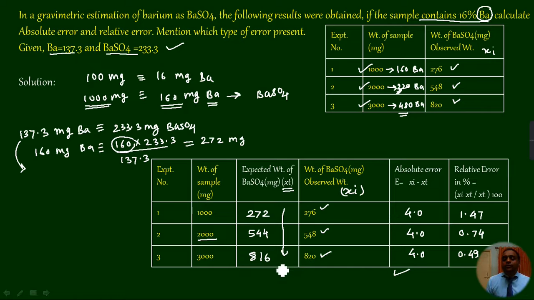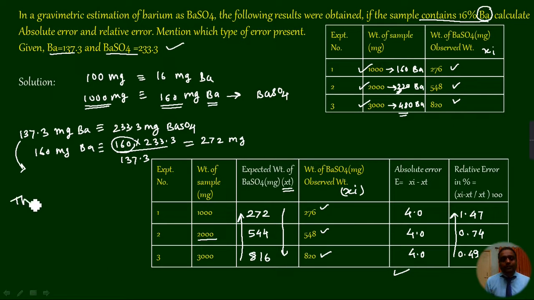That means if you are decreasing the sample size, you are increasing the relative error. If you are increasing the sample size, you are decreasing the relative error. So tell me, what kind of error is present in this example? Yes, you are right.